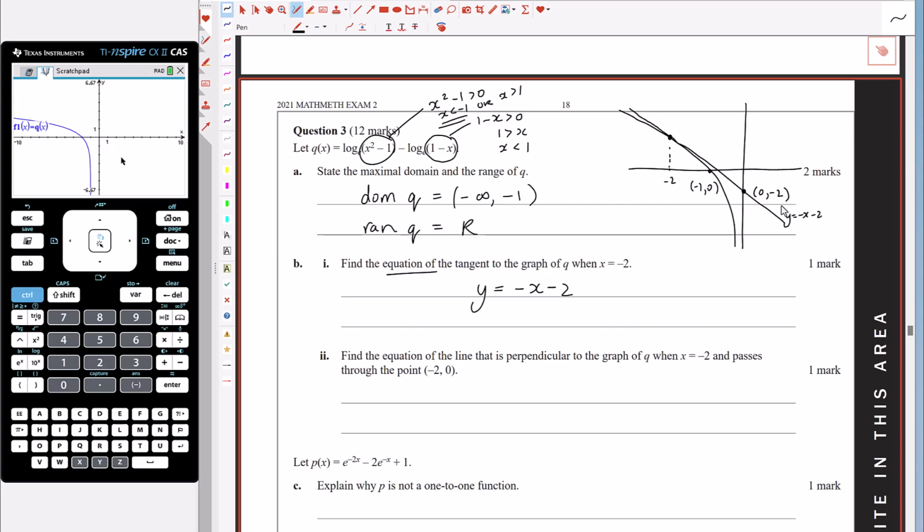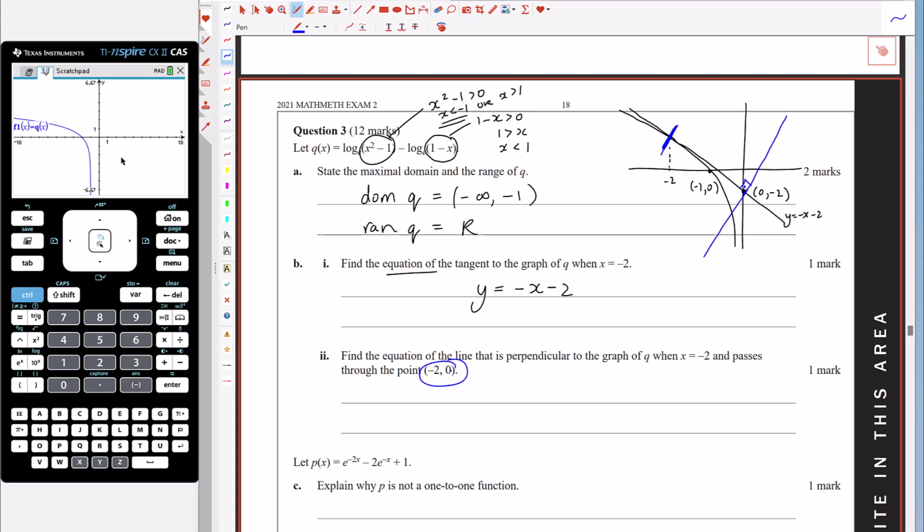So the question here in part 2 says, find the equation for the line that is perpendicular to the graph of q when x equals -2. So it has to be perpendicular here, but doesn't have to be here. Okay, so it's going to have that gradient, but it needs to go through the point -2, 0, which is down over here. So it actually needs to go this way. It needs to be perpendicular here.